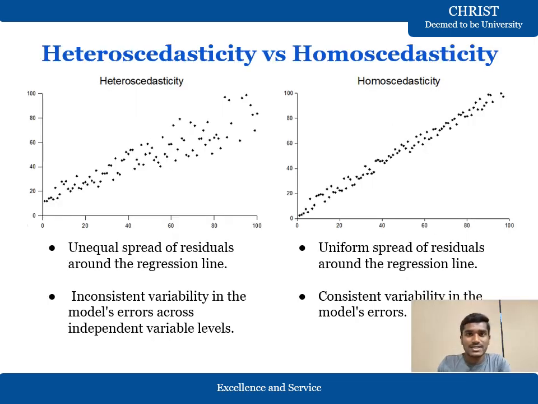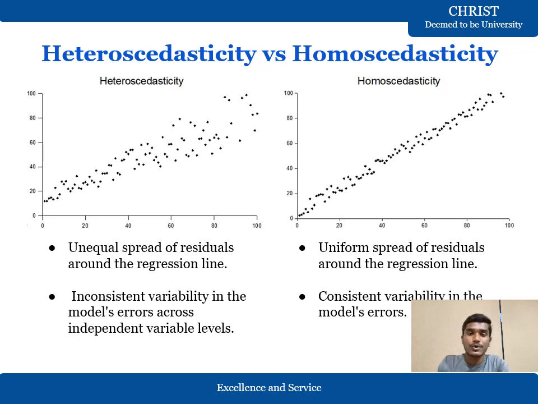Heteroscedasticity versus homoscedasticity. Starting with heteroscedasticity, the variance of residuals varies across the independent variable levels, resulting in uneven scatter around the regression line, violating the assumption of constant error variance and potentially causing biased standard errors and inefficient parameter estimates. Such variance inconsistency compromises statistical test reliability, affecting the precision and accuracy of regression analysis.